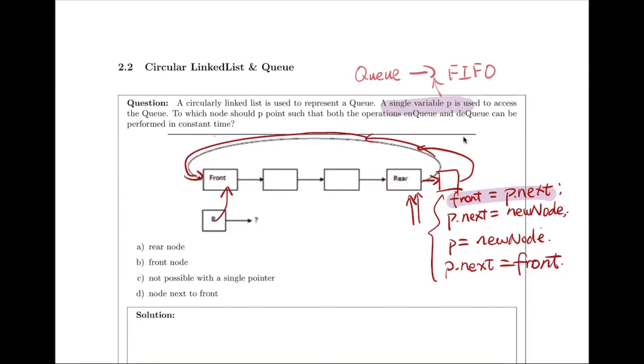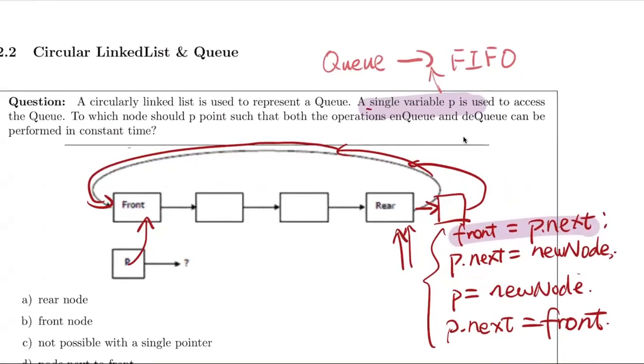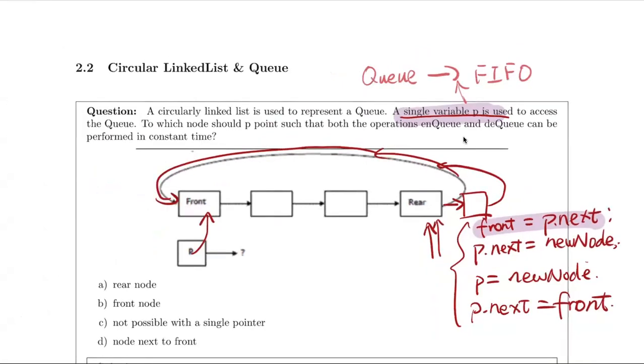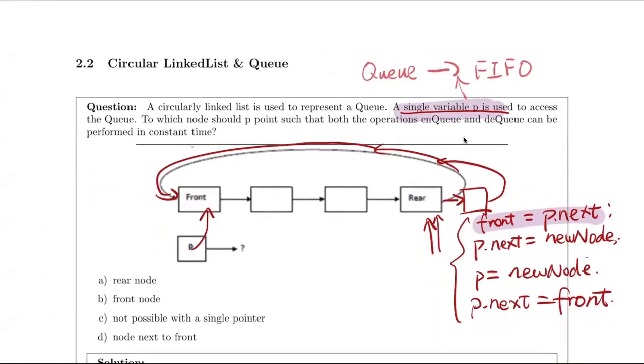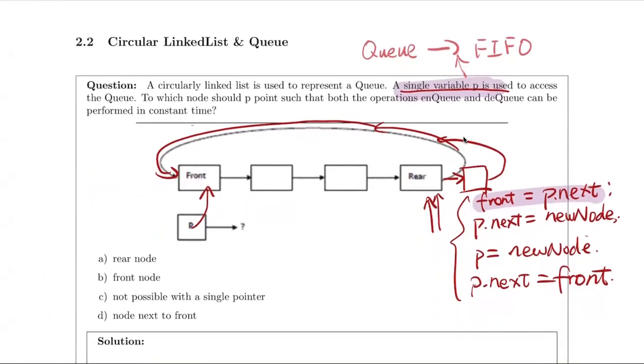Because when you say P dot next, if P is not a node, then how can we say P dot next? Can we do that with something that's not a node? So P is pointed toward a node. It's a pointer. Oh, okay. So it's like a reference to it. Okay, got it. So the answer is the rear node.